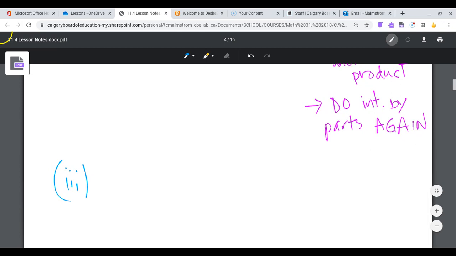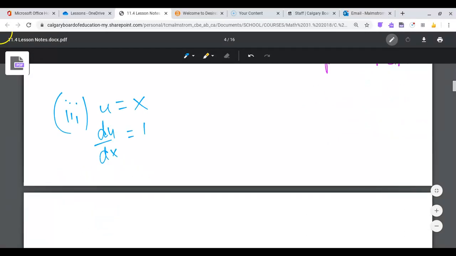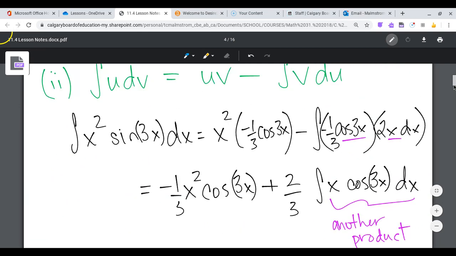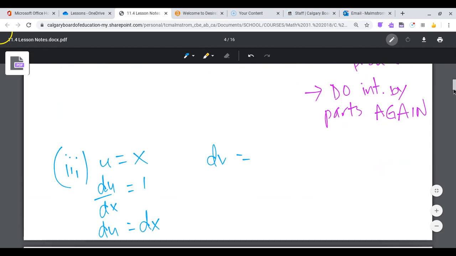So in this case, LATE again would say u is x, du dx is 1, and so then du is just dx. And the new dv, when we go back and have a quick look, is cos 3x dx.